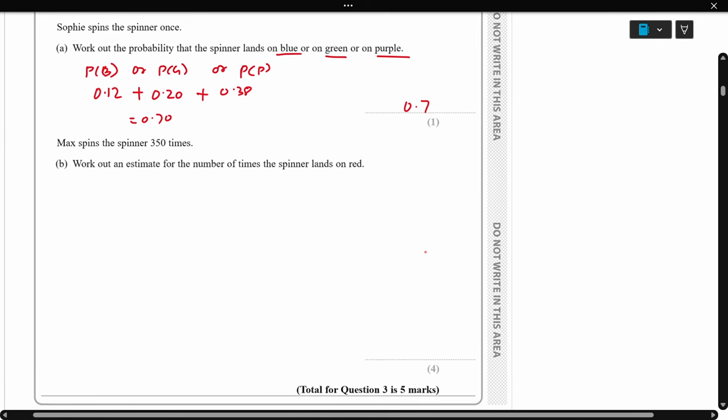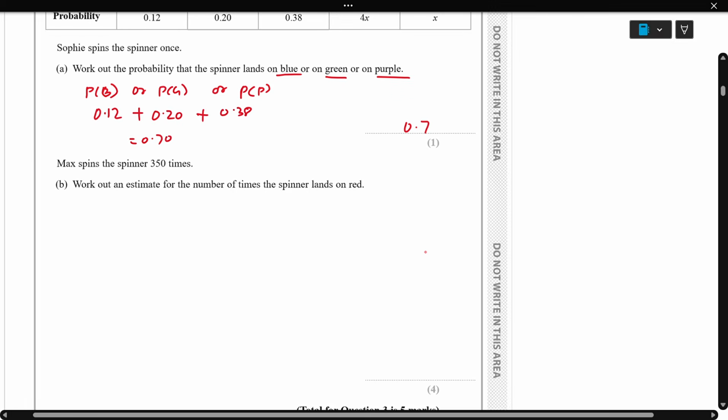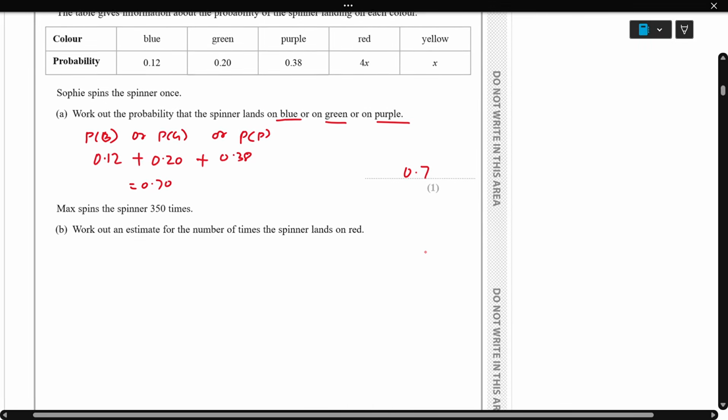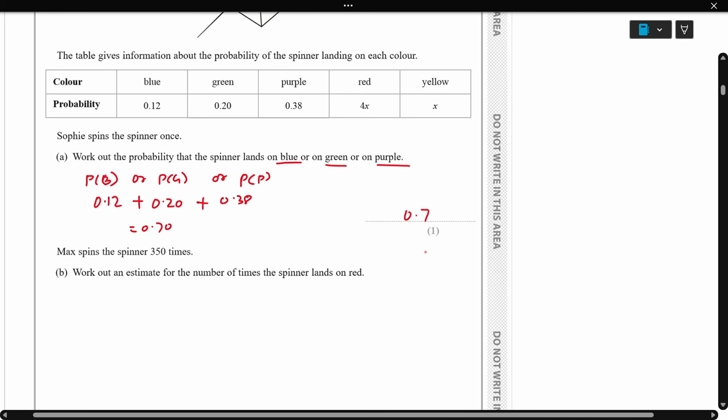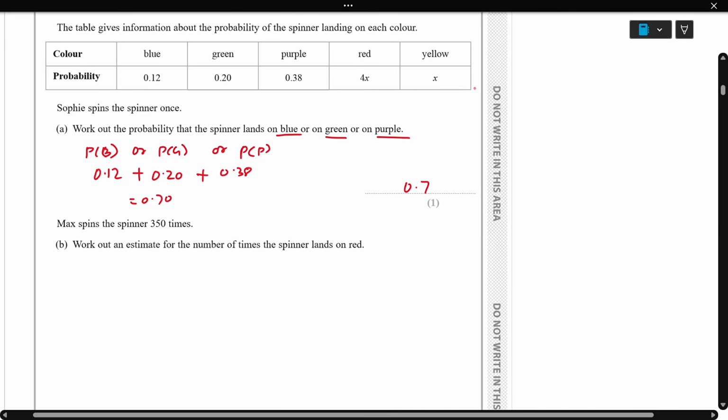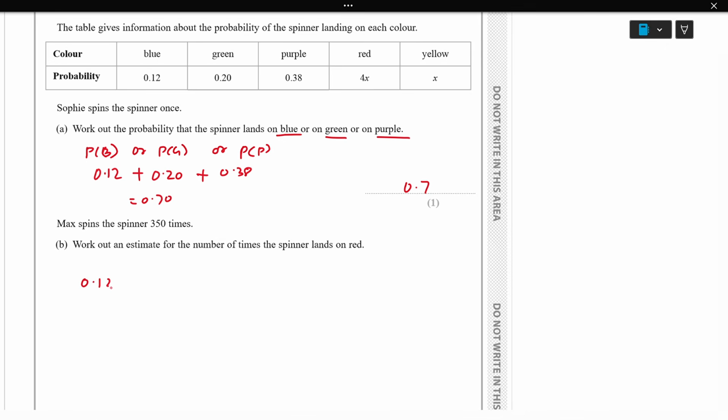Next, Max spins the spinner 350 times. Work out the estimate for the number of times the spinner lands on red. Red is not given, so it's x. When you add up all the probabilities, we have to get 1, so we'll find x first: 0.12 plus 0.20 plus 0.38 plus 4x plus x equal to 1.